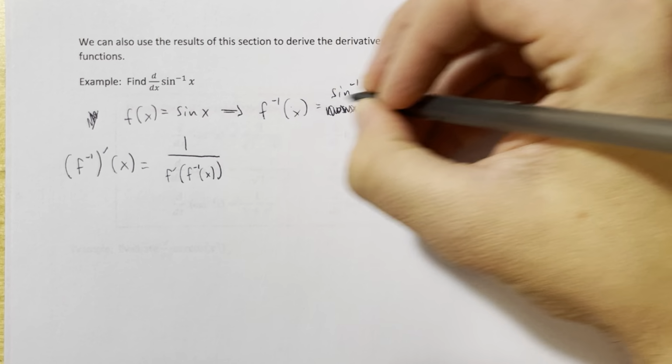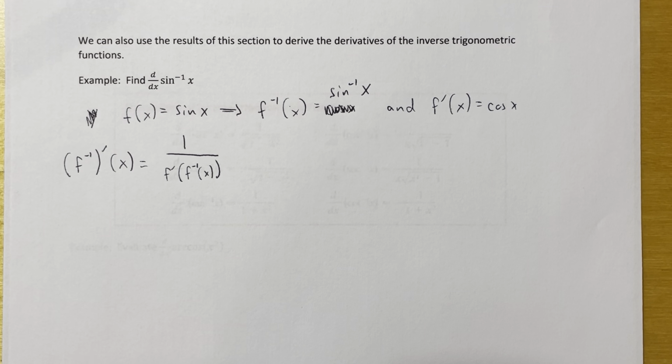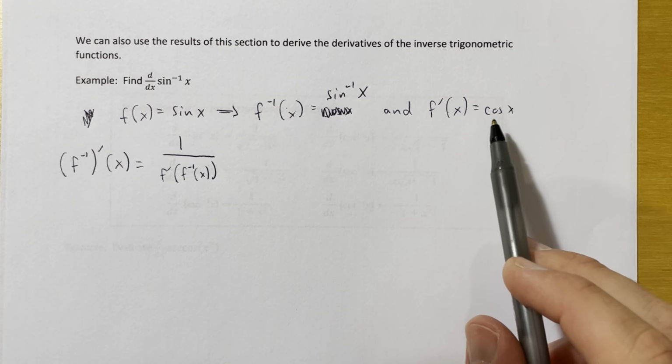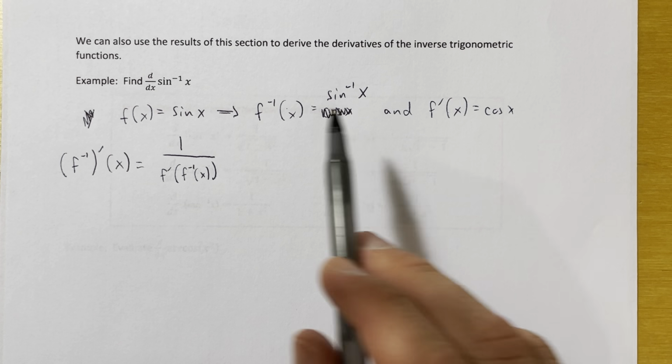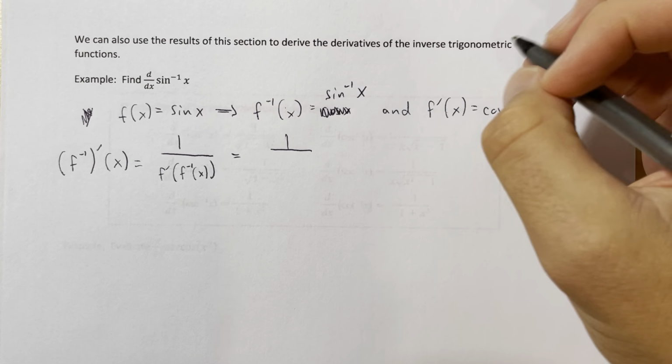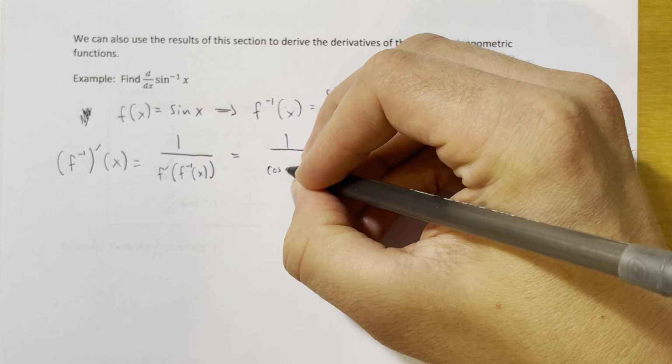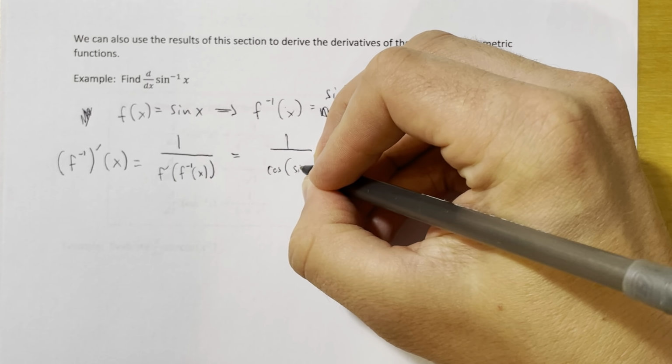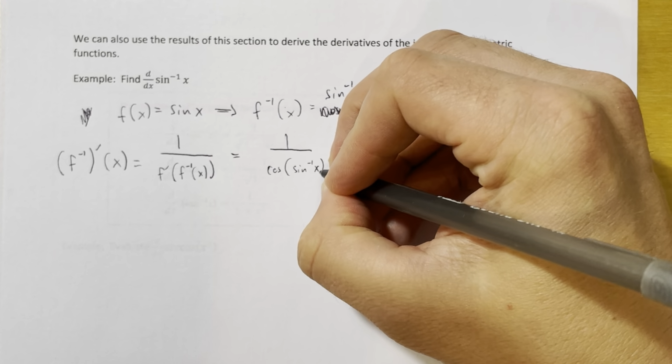So I'm looking at cosine of inverse sine of x. So this is equal to 1 over cosine of the inverse sine of x.